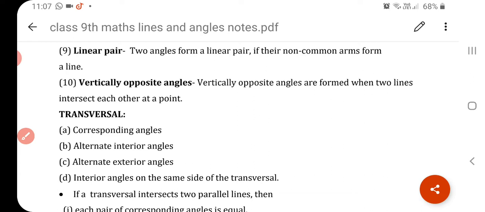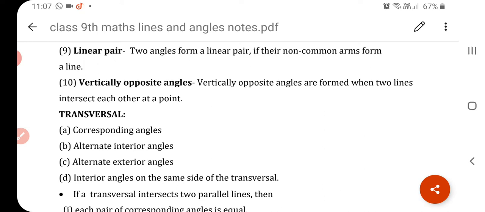Vertically opposite angles are formed when two lines intersect each other at a point. Now, by a transversal we obtain a total of 8 angles. There are corresponding angles, alternate interior angles, alternate exterior angles, and interior angles on the same side of a transversal, which are also called allied angles.